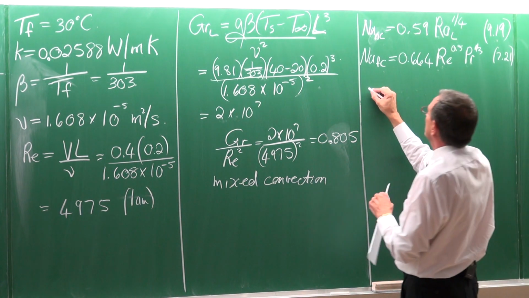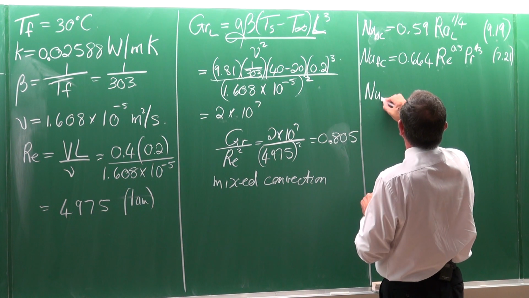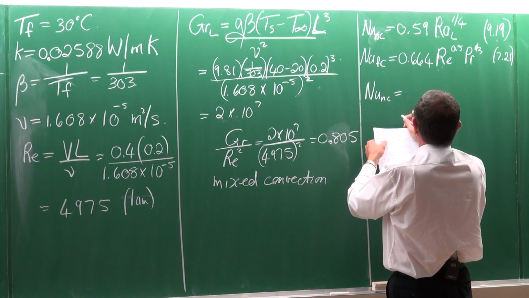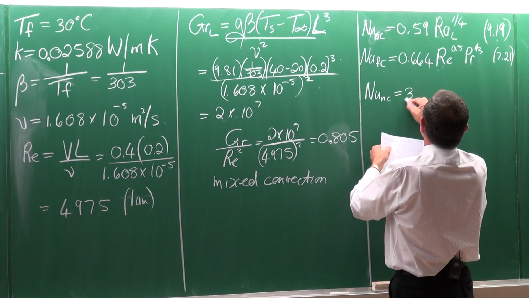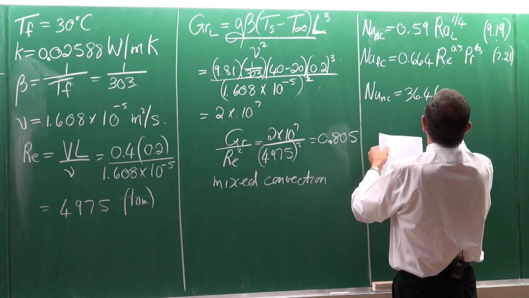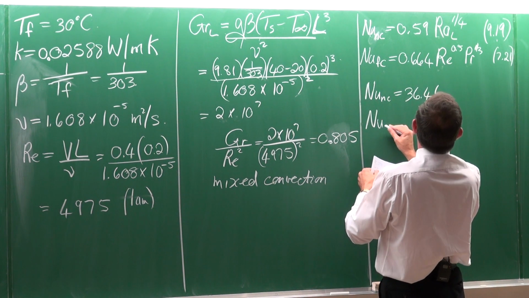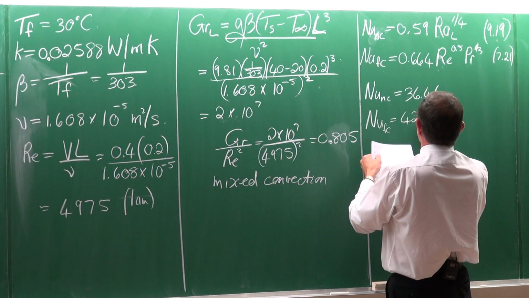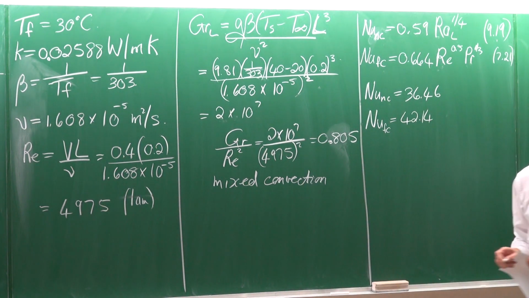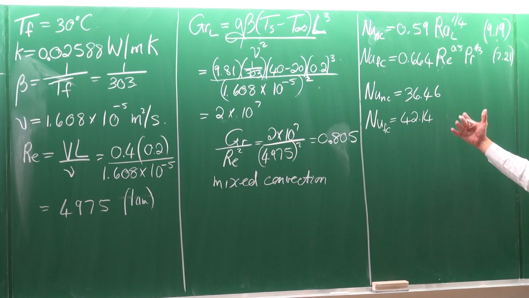But if you go and calculate it now, then you can calculate the Nusselt number for natural convection is equal to 36.46, and the Nusselt number for forced convection is equal to 42.14. So we can also immediately see the values are approximately the same order of magnitude. The one is not 10 times or 100 times larger than the other one.